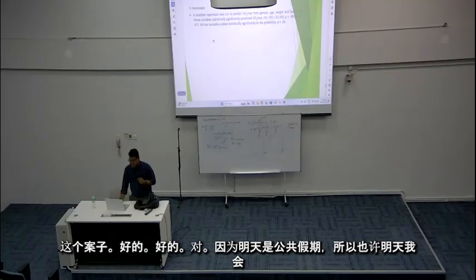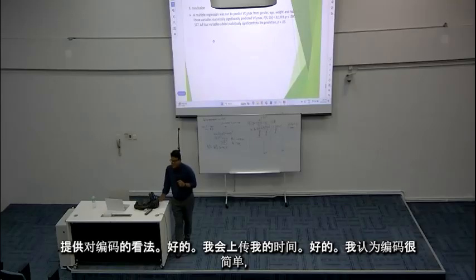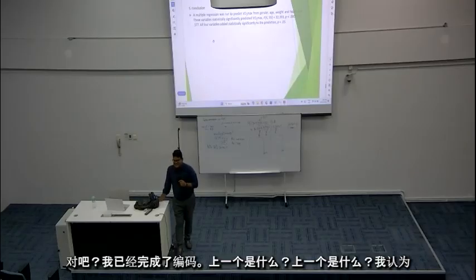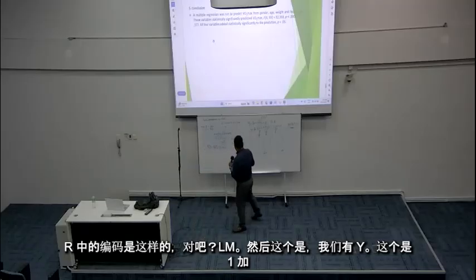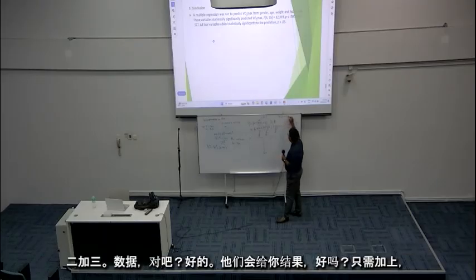Since tomorrow is a public holiday, maybe tomorrow I will provide a few examples on the coding, and then I will upload it on my times. I think the coding is simple, right? Pavitra, have you done the coding? I think the coding in R is like this: lm, and then we have Y, then X1 plus X2 plus X3, data.